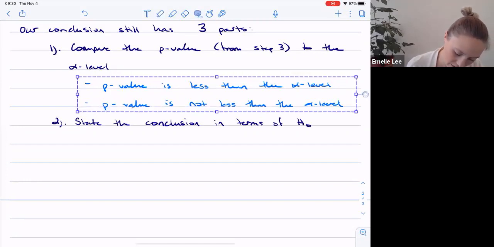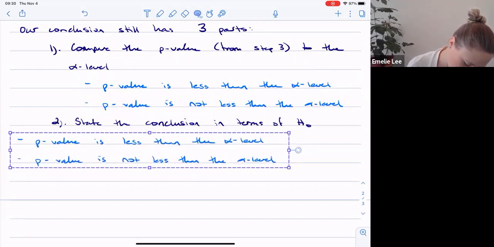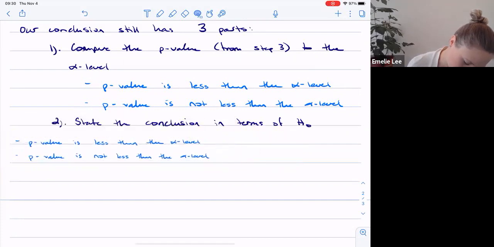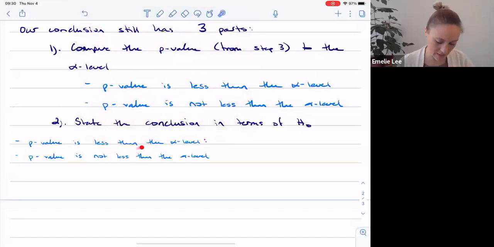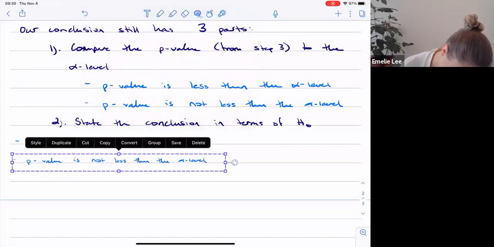Depending on what you did here, copy, paste. If the p-value is less than the alpha level, you have enough evidence to reject H naught. If the p-value is not less than the alpha level, you do not have enough evidence to reject H naught. Maybe I'll separate these.